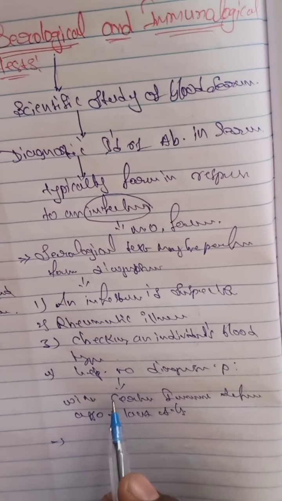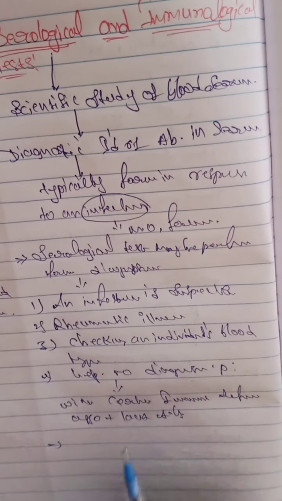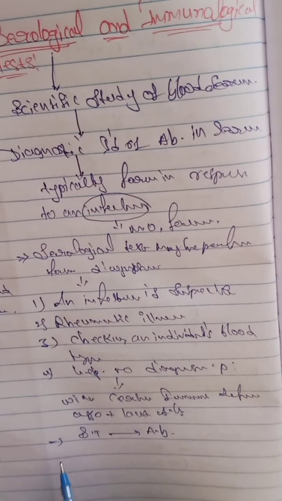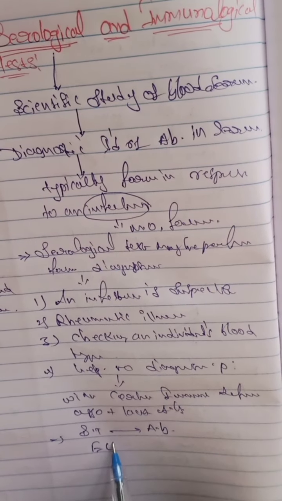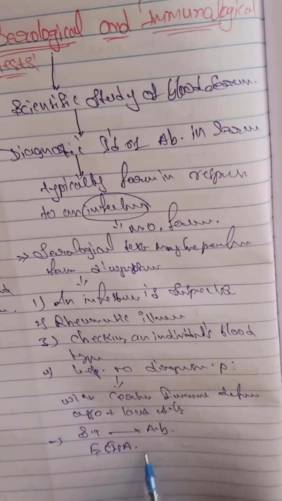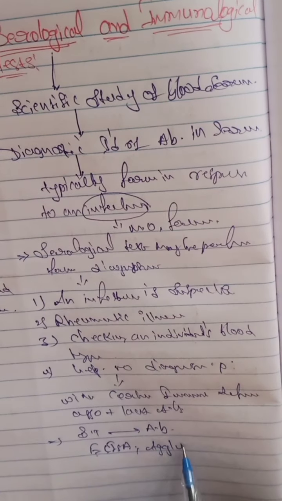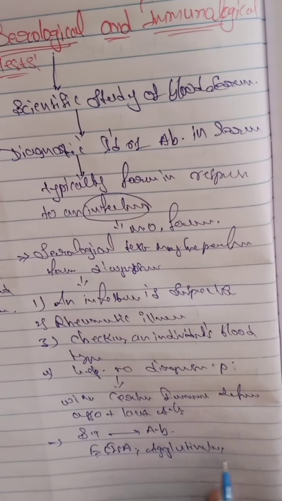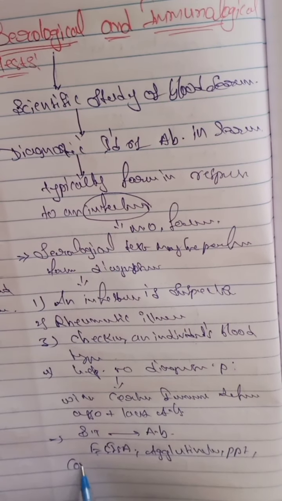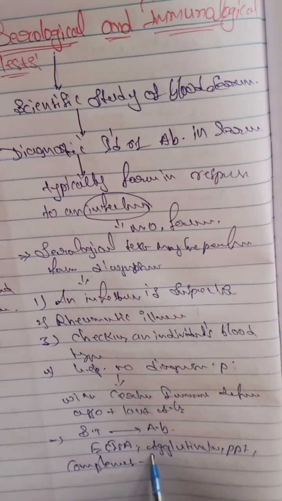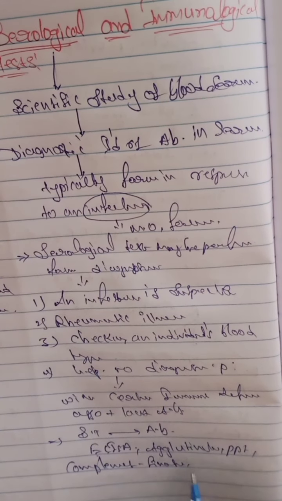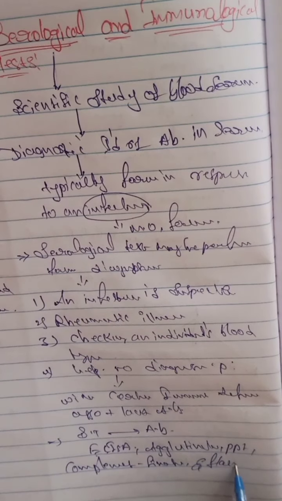Several serological techniques can be used depending upon the antibodies being studied. These include number one, ELISA, enzyme linked immunosorbent assay, agglutination, precipitation, complement fixation, and fluorescent antibodies.